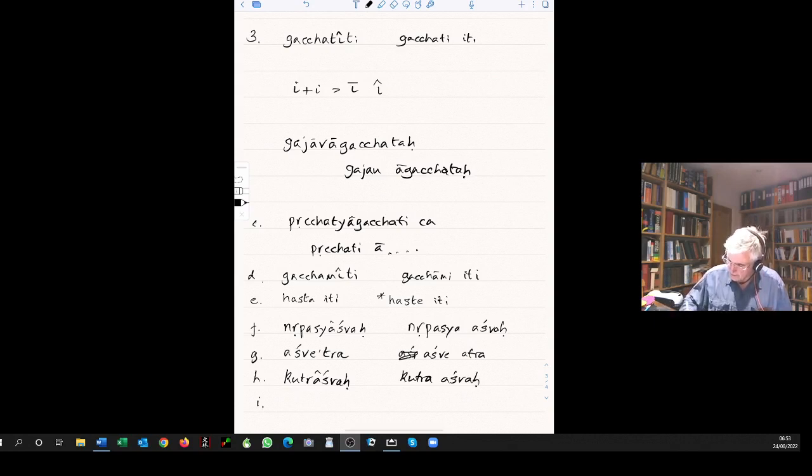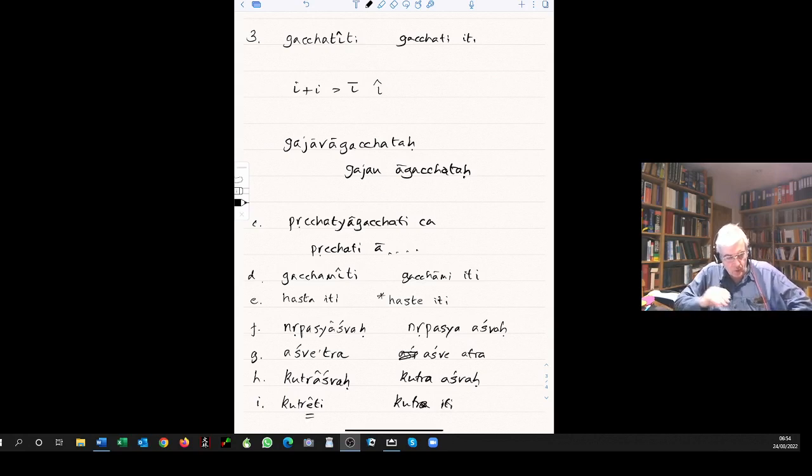I. Kutreti, from kutra iti. Note that there's a circumflex I've written over the e.